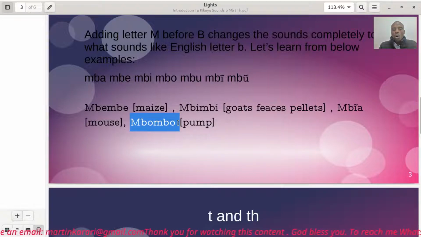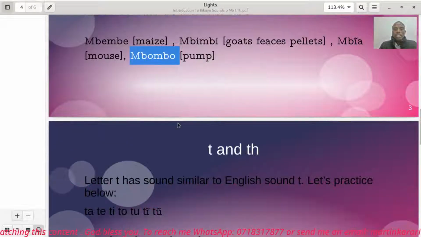Bobo, a palm. And we can also have bosho, beans. So those are our first letters. We have fa and ba. Let's proceed to the next.